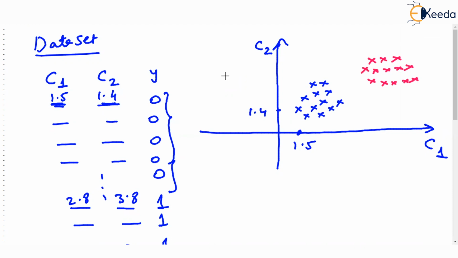All the red points have output label 1. So 2.8, 3.8: 2.8 must be somewhere here, 3.8 must be somewhere here, so this point went here. Maybe the next point is 2.9, 3.9, which gave output 1. So 2.9 must be somewhere here, and 3.9 somewhere on C2 here. So the point went here, right?